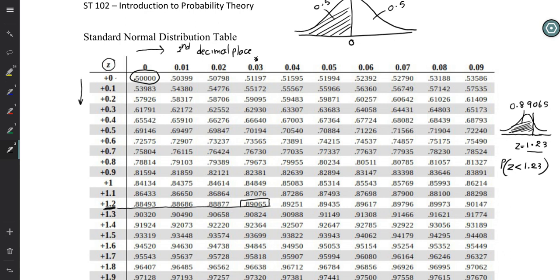And where they cross, you get the probability of the left tail. Let's try another one. I want the probability of the z-score 1.80.